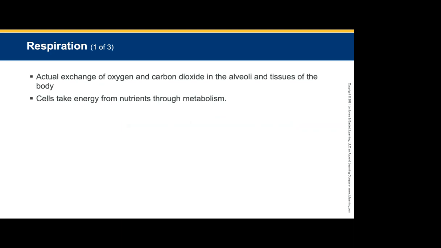The point I want to make here is that the cells take the energy from the nutrients through metabolism. That is called cellular respiration. Each cell combines its nutrients and oxygen, producing energy and waste products. Maybe that's going to be the CO2 that you exhale or the water that you excrete from your body.